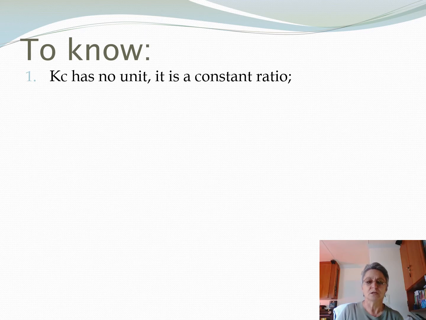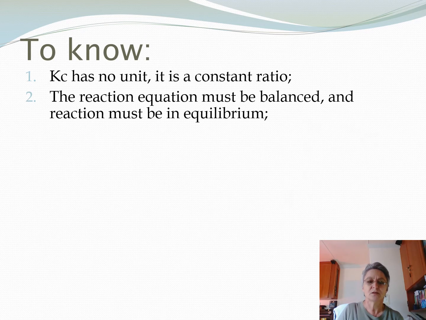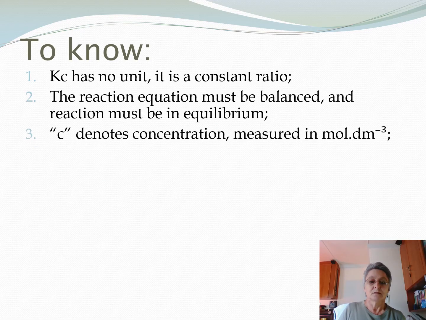Second thing, the reaction equation must be balanced in order for us to be able to write the Kc expression, so that the powers of the concentrations will be correct. Thirdly, c stands for concentration, so it is measured in mole per cubic decimeter, but Kc is the ratio between concentrations, so it's got no unit.